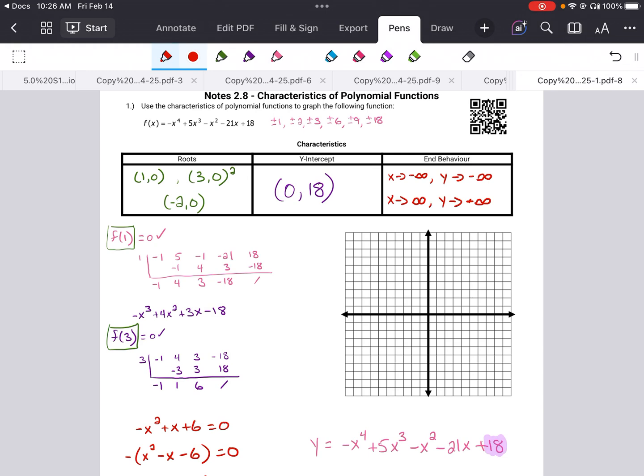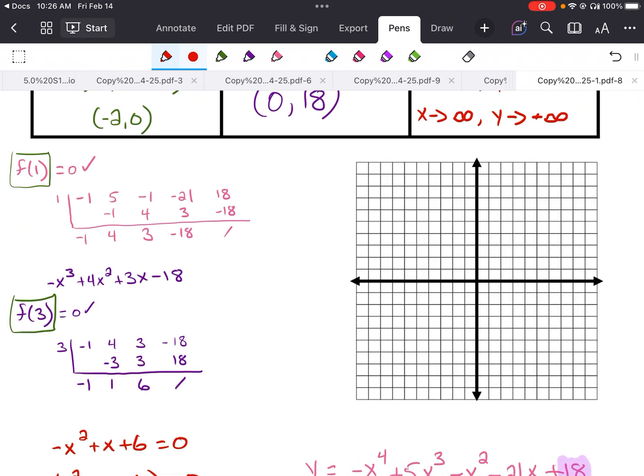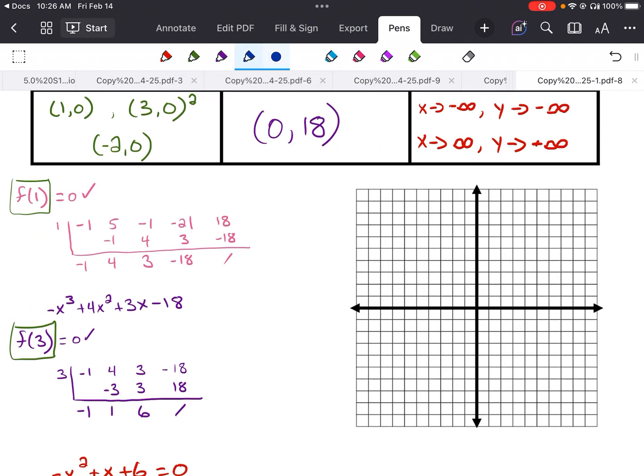Okay, and then when we're graphing, we're not going to know the turning points or anything, that's calculus, but we can put in the information that we know here. So when we're graphing, we will have x-intercepts at 1, at 3, and at -2.